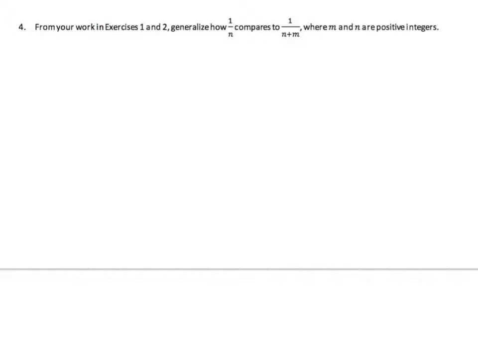From your working exercises 1 and 2, generalize how 1 over n compares to 1 over n+m, where m and n are positive integers.